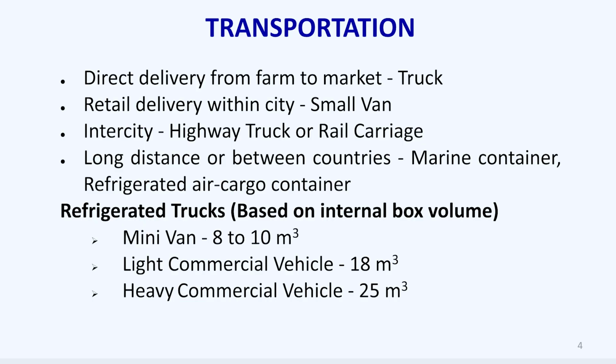If the product needs to be transported within the city, then a small type of van is used. Intercity, for long or moderate distances depending upon the distance, a highway truck or rail carriage is used. For very long distances, from one zone of the country to another or between two countries, a marine container or refrigerated air cargo container is used. The mode of transport is through sea or air.